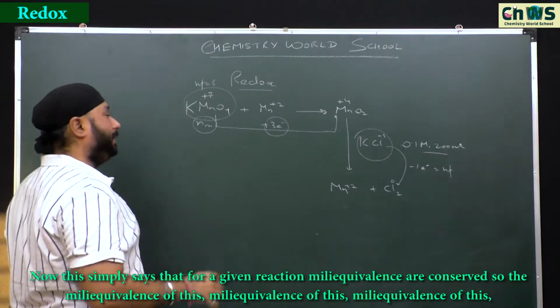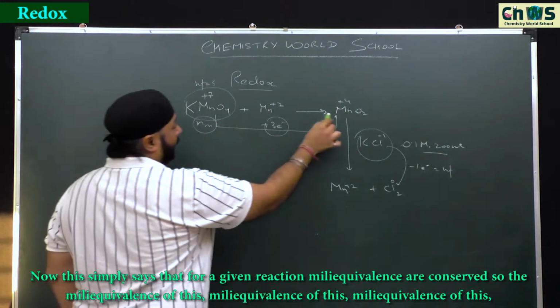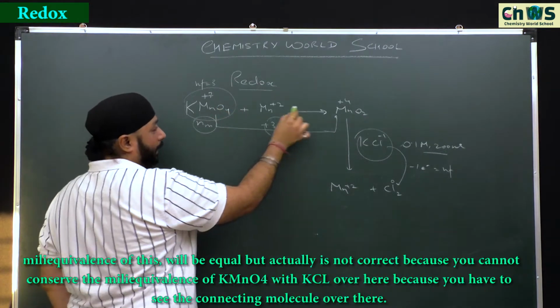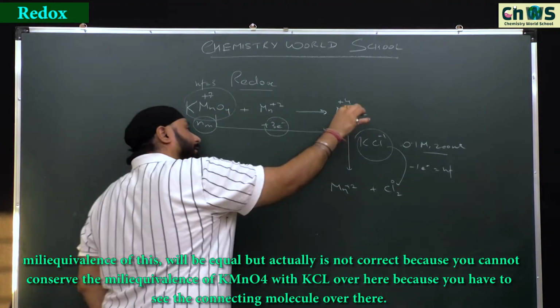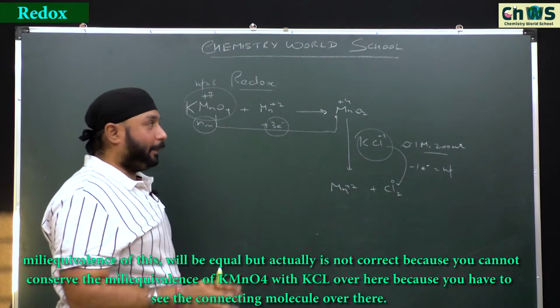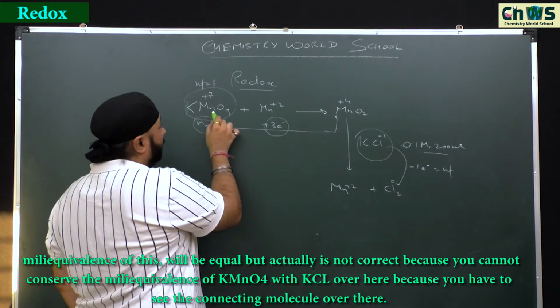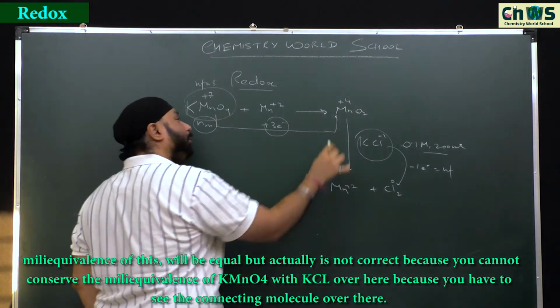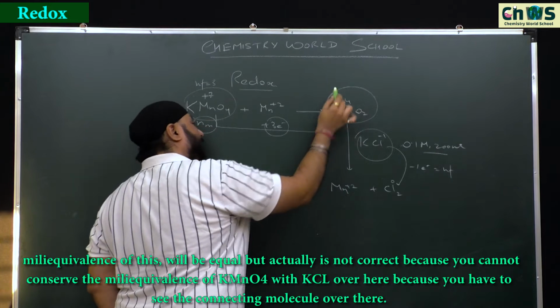Now this simply says that for a given reaction milliequivalents are conserved, so the milliequivalents of KMnO4 and KCl will be equal. But actually it is not correct, because you cannot conserve the milliequivalents of KMnO4 with KCl over here, because you have to see the connecting molecule.